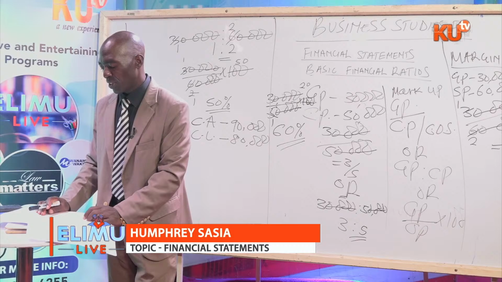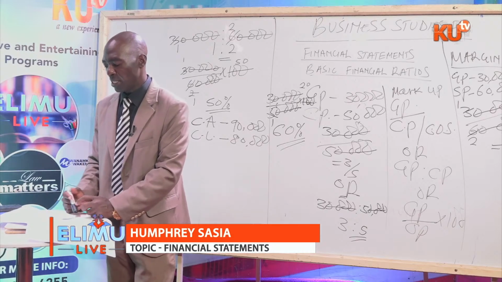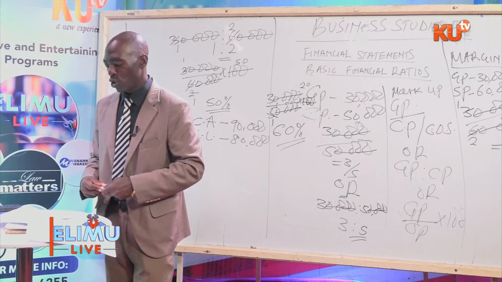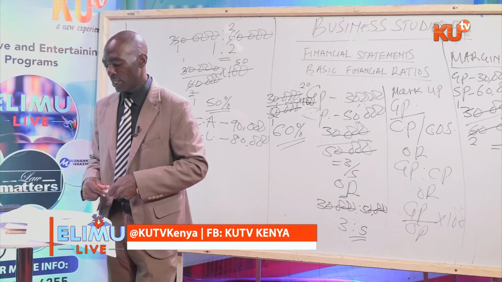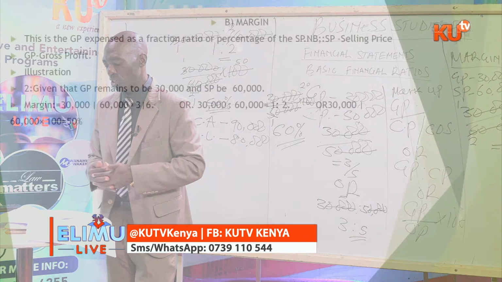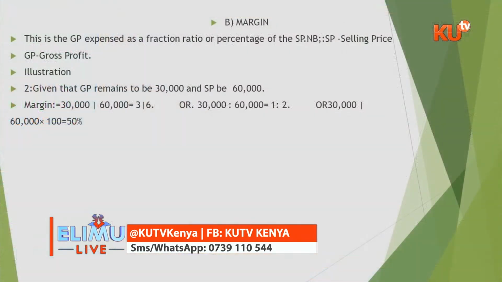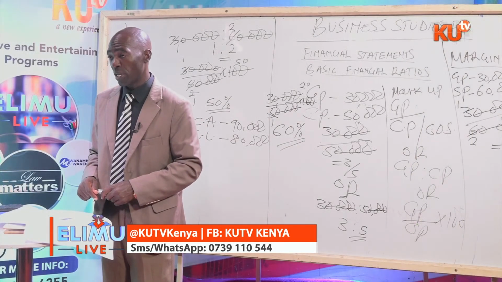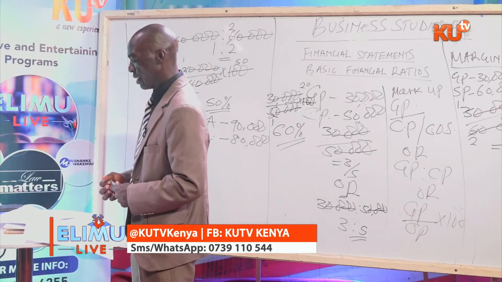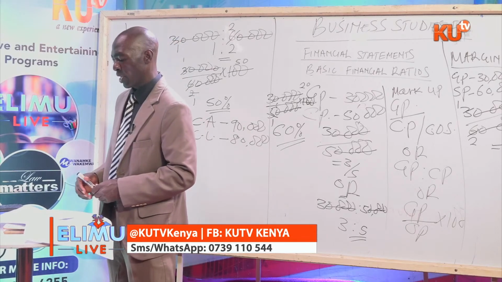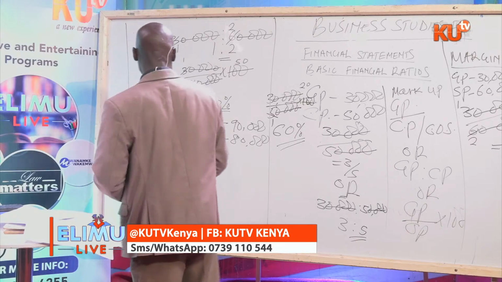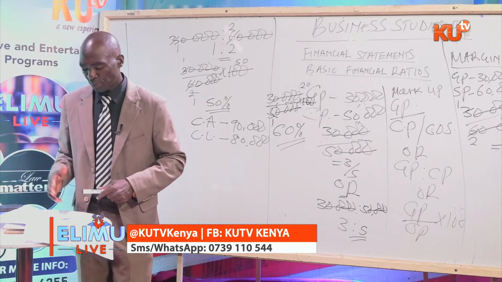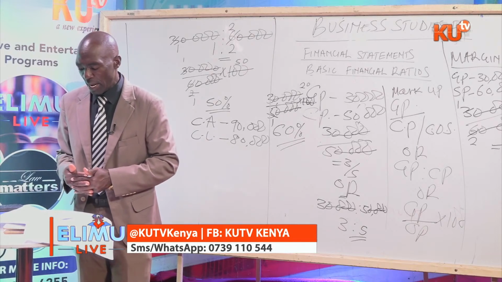We are still on the current ratio, or working capital ratio. So we have the total current assets equal to 90,000 and total current liabilities equal to 80,000.